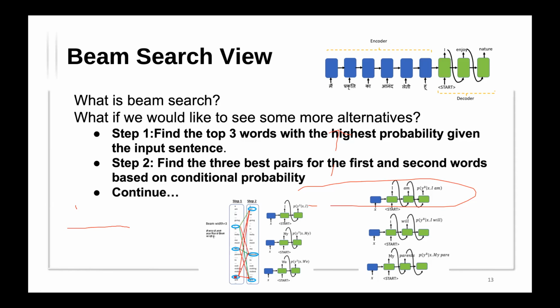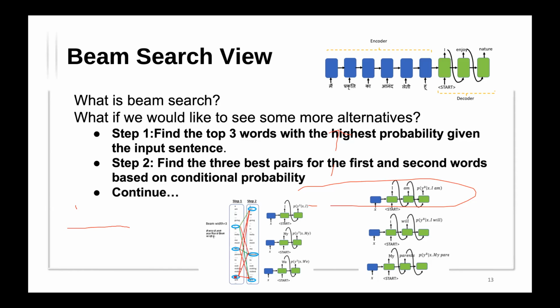But here, we wanted to see whether there are some other alternatives. So for the beam search solution, first, suppose we wanted to find 3 solutions. And then in the first step, it would find the top 3 words with the highest probability given the input sentence, and then record those 3 words.